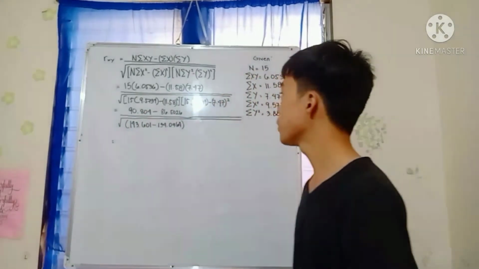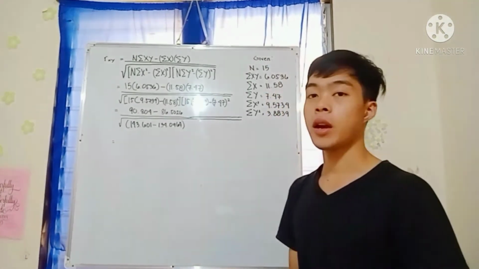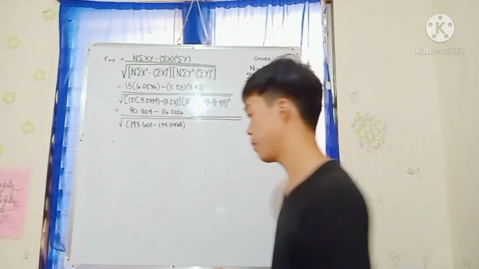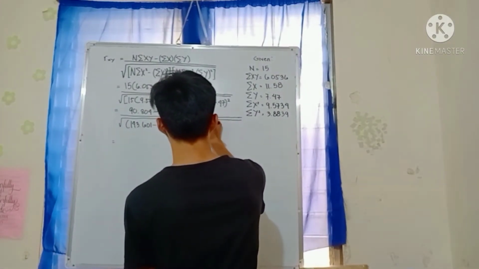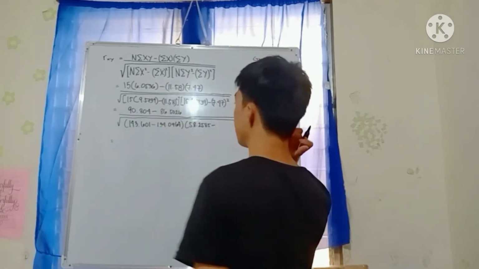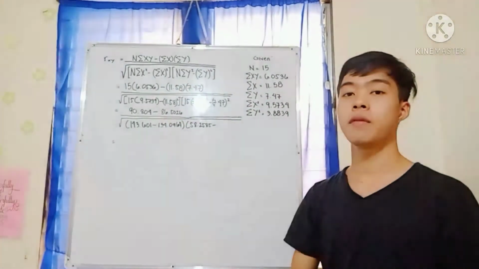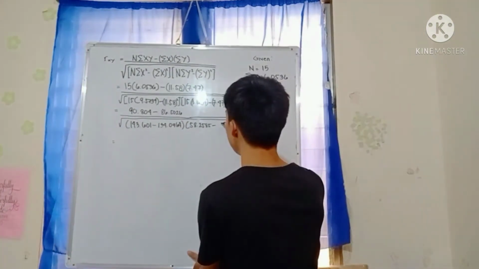Then 15 times 3.8839 is equal to 58.2585. Then minus 7.47 to the power of 2 is equal to 55.8009.